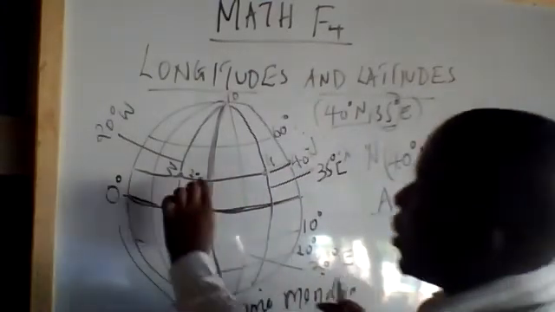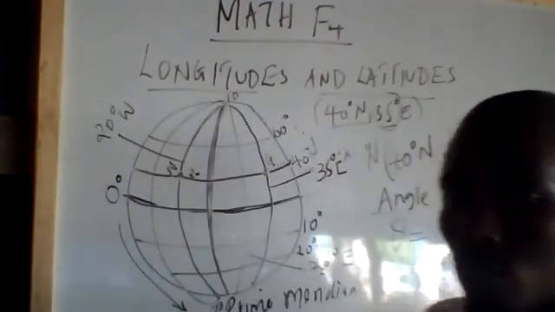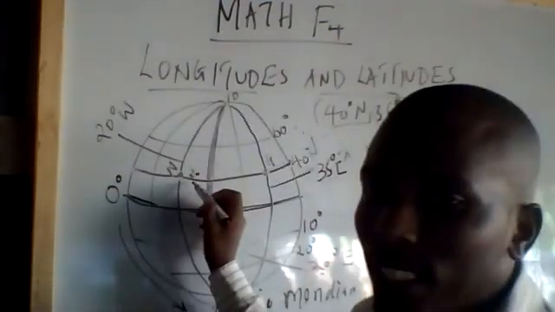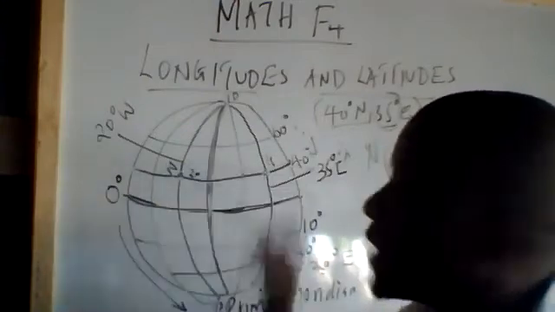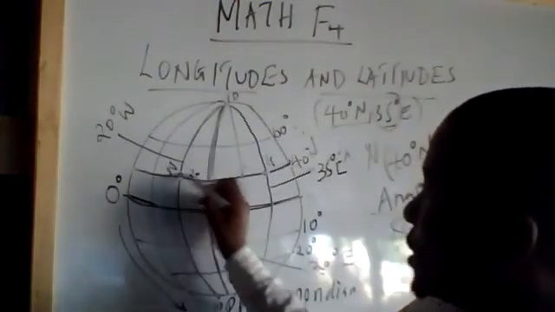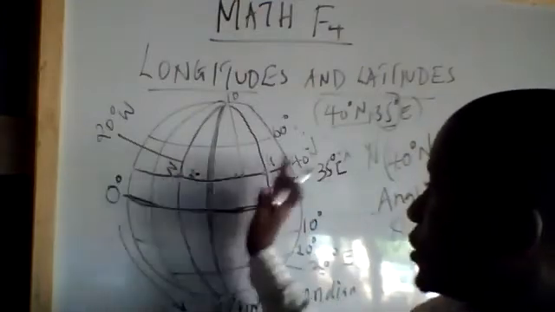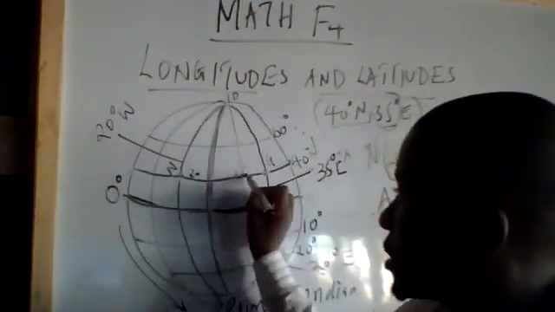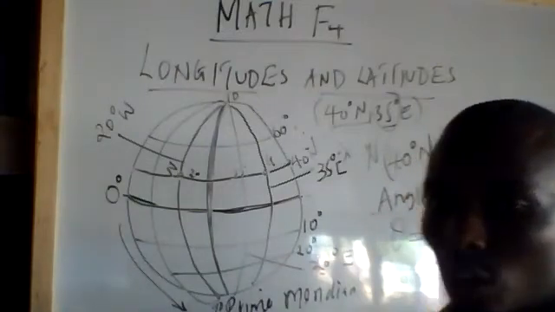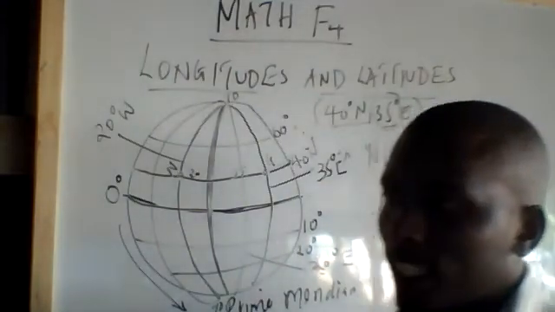Therefore, the angle difference between the two towns will be 20 degrees plus 35 degrees, which will give us a total of 55 degrees.